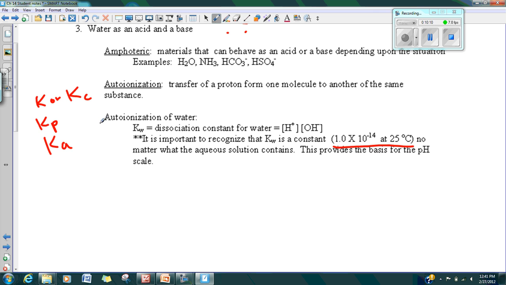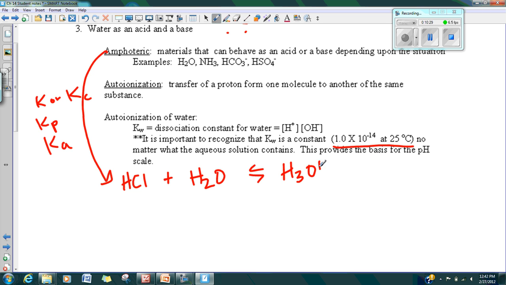So we'll be talking about pH here in a few minutes. Now, amphoteric. How can something be amphoteric? Well, go ahead and draw these equations somewhere in your notes. We can take a look at HCl plus water, and at equilibrium, it would make my hydronium ion plus my chloride ion.